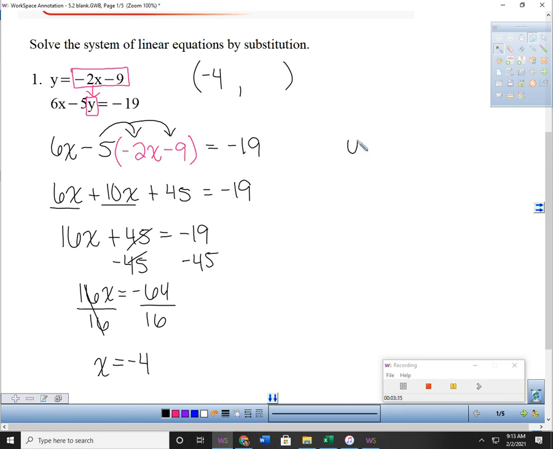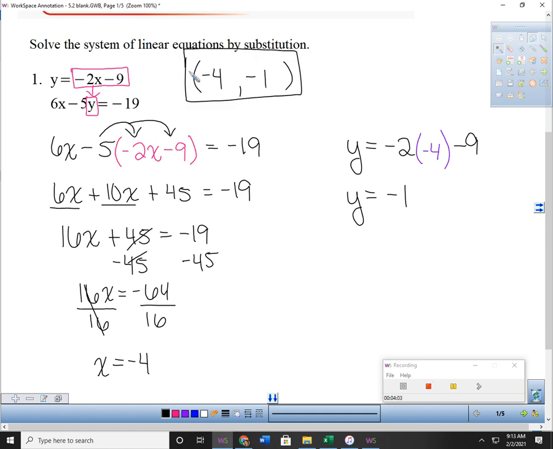So I've got y is equal to negative 2, and then I'm going to plug in that x value that I just found for the x in this equation, and then I've got a minus 9 behind that. Then I can just plug that in all at once, which is going to give me 8 minus 9, which is negative 1. So the y value is negative 1, and that's my answer.